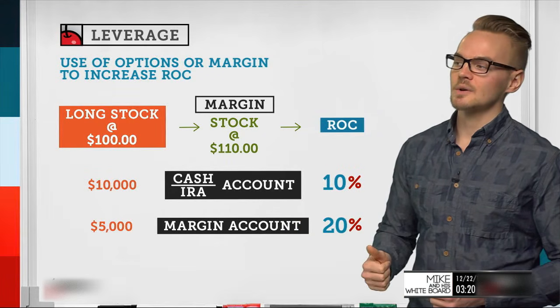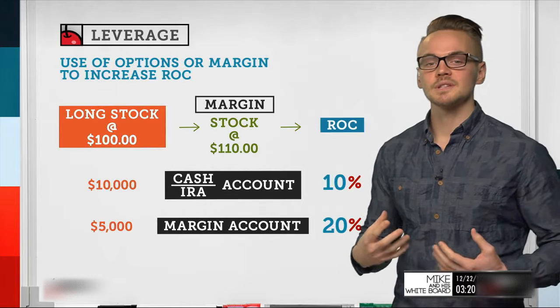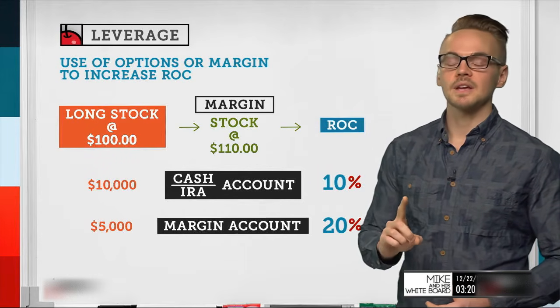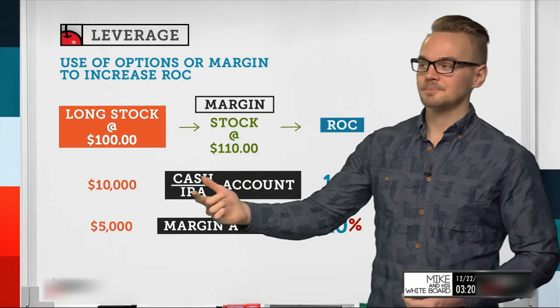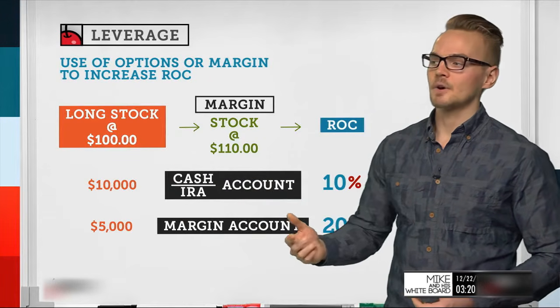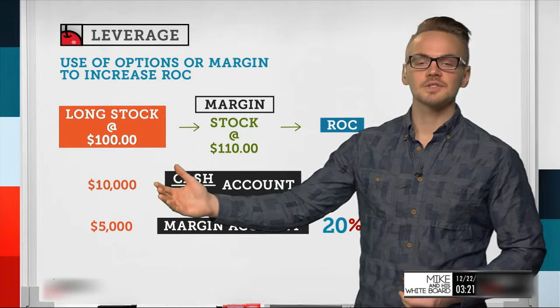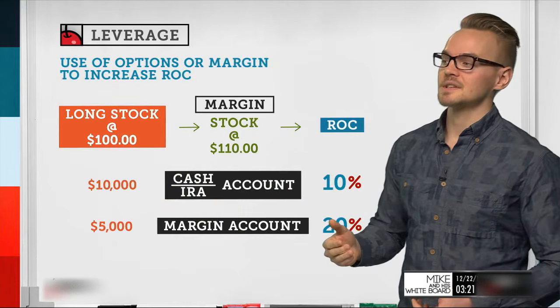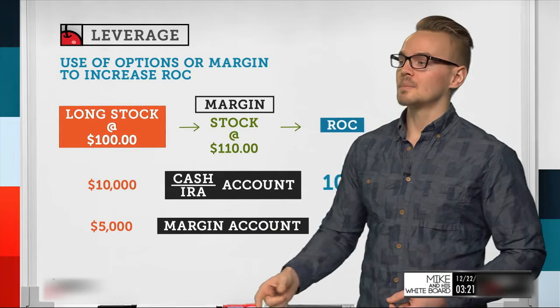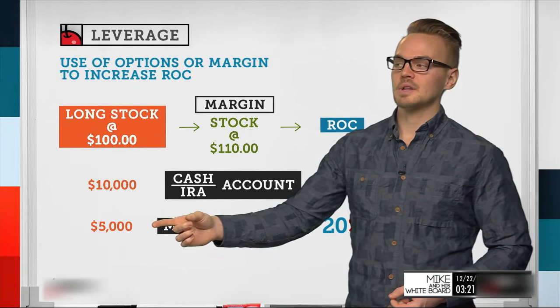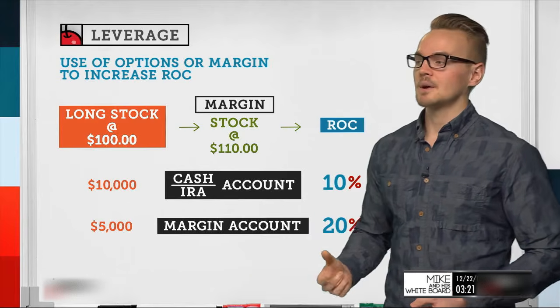What's important to note is that when we have leverage, it increases our return on capital, but it can also increase our losses. Let's pretend the stock goes to 90. If I put down $10,000 to purchase the shares and the stock goes to 90, I would have lost 10% on that investment. But if I'm only putting down $5,000, it would magnify my loss.